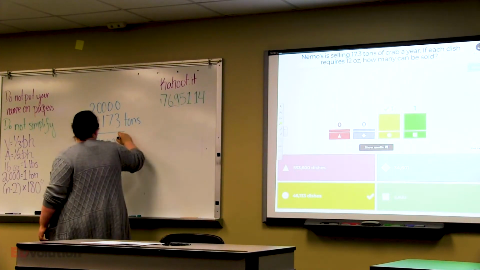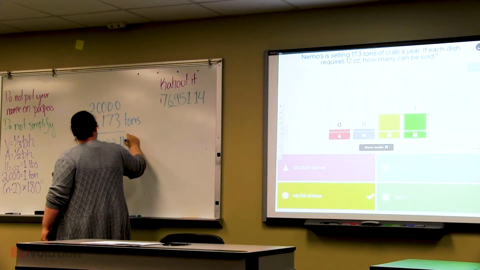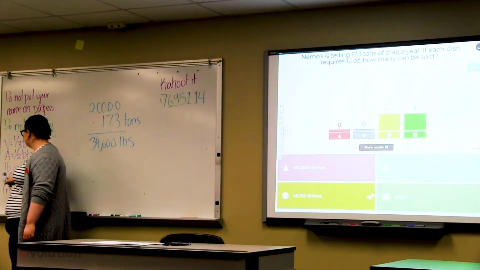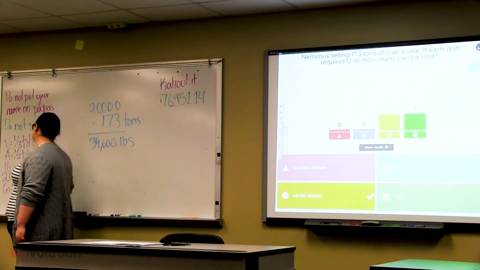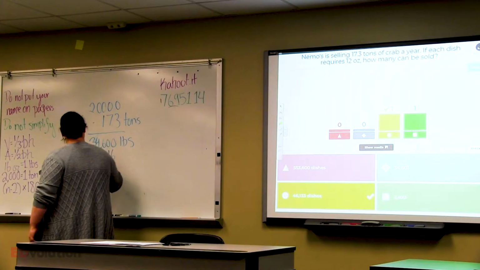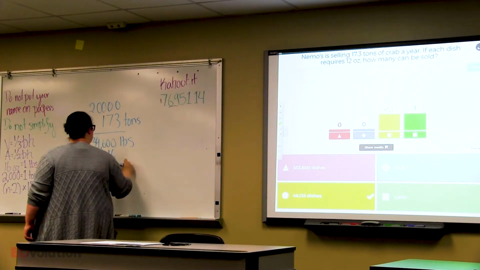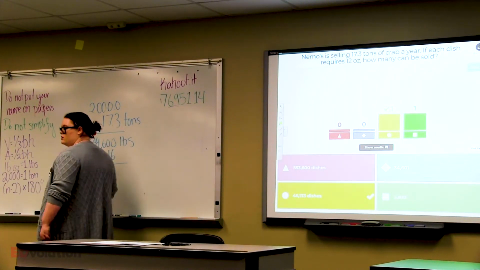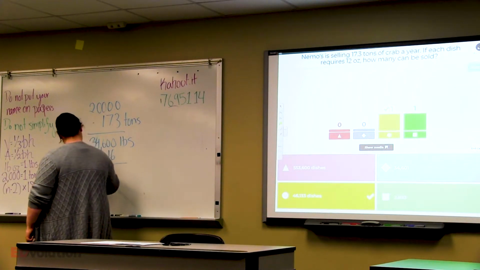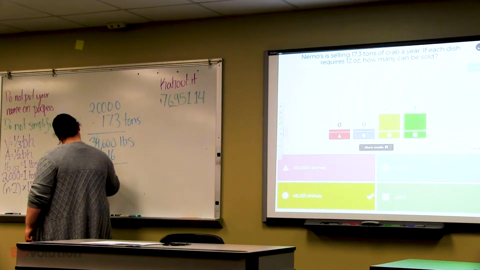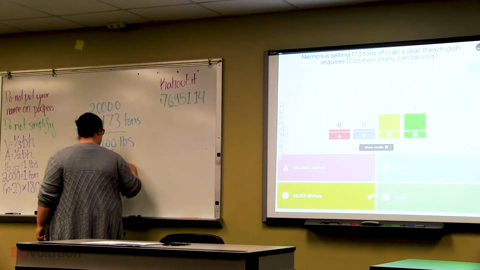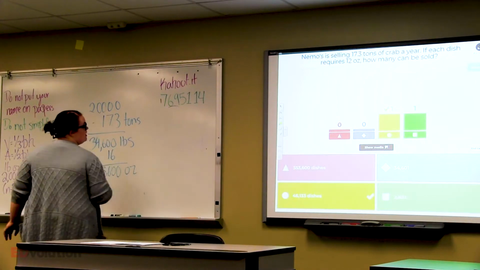Okay, that's how much that would be in pounds. And then we have to multiply it by 16 to find out what that would be in ounces. Can you give me the math for that one as well? 553,600 ounces.